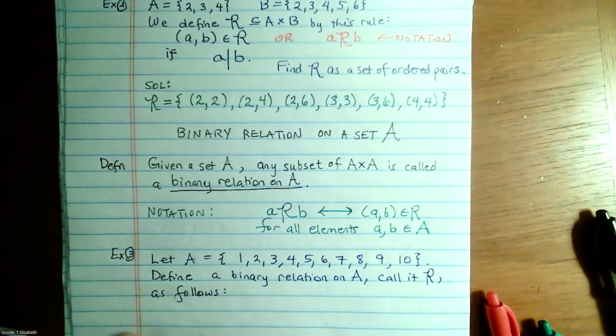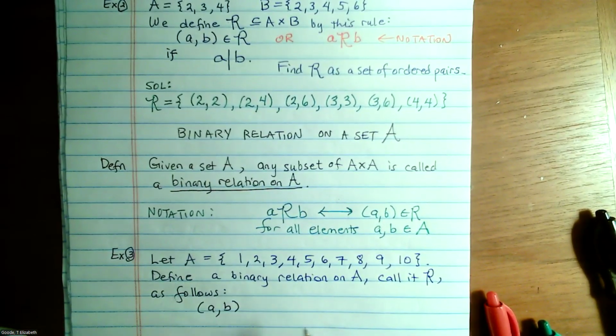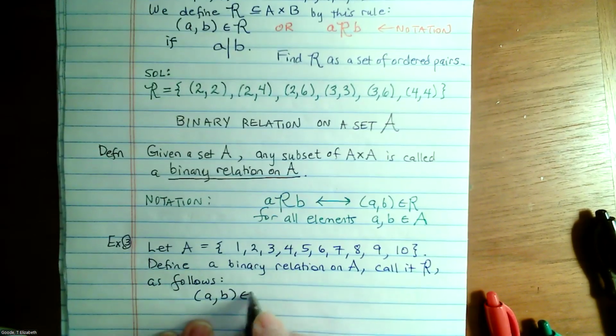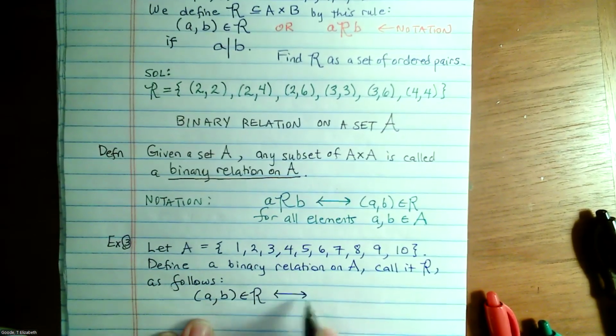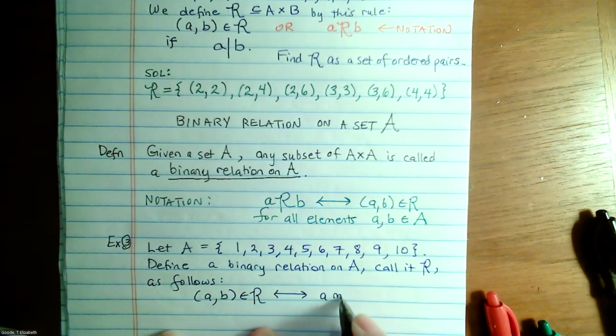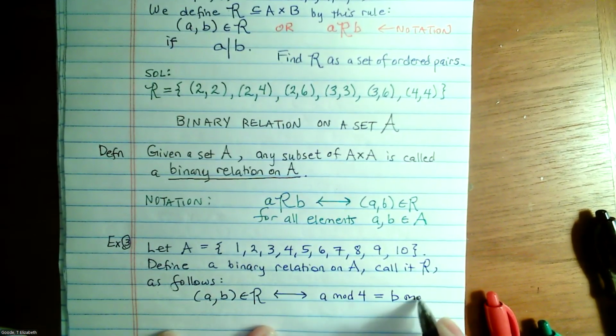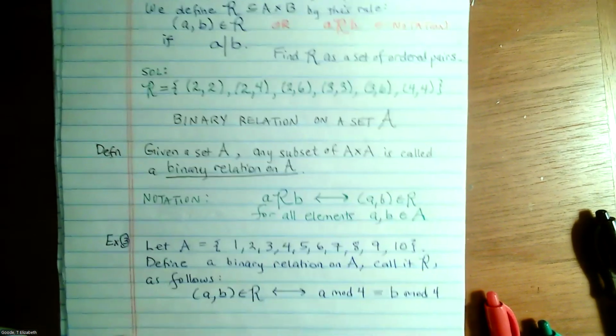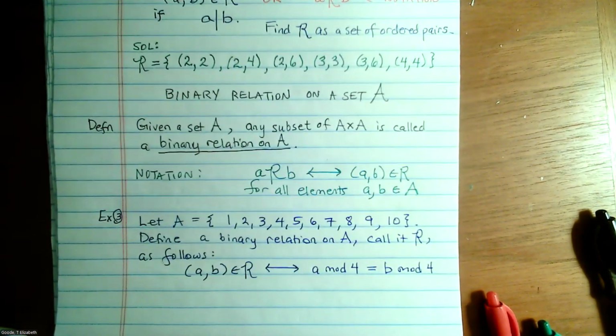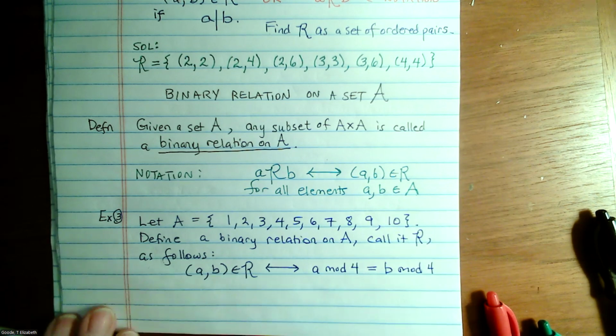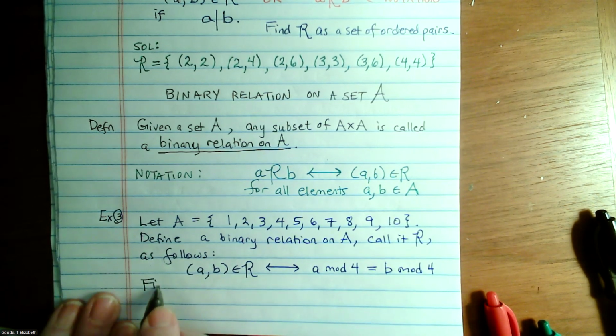Here's the rule. The ordered pair a, b is in curly R if and only if a mod 4 is equal to b mod 4. So this is a good review for the final. Of course, the question would be to find curly R.